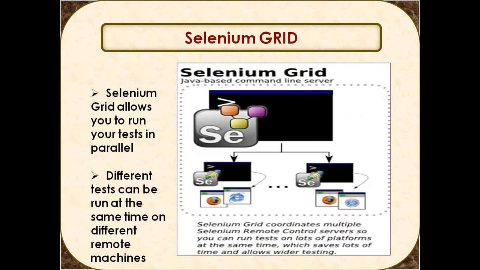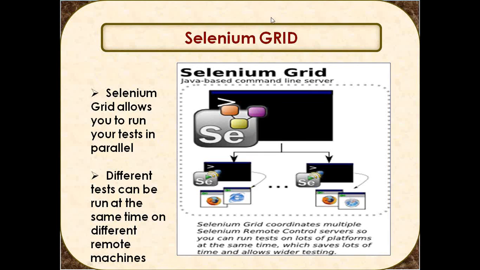And coming to Grid, Selenium Grid is another tool in Selenium, which allows us to run your scripts in parallel. If you take Selenium RC or Webdriver or Selenium IDE, you can run a single test case at a time. But if you use Selenium Grid, you can run your scripts in parallel.